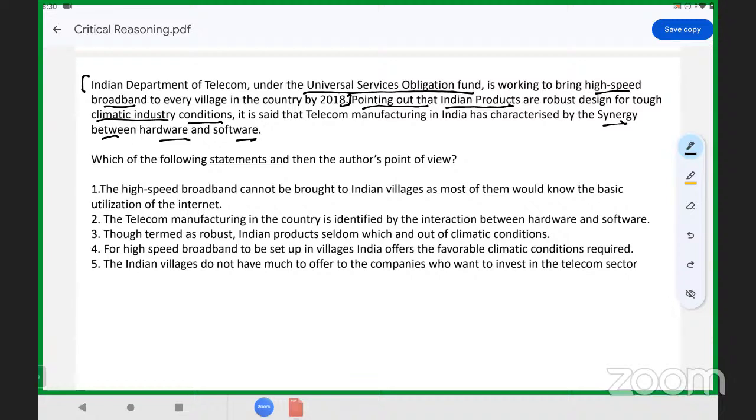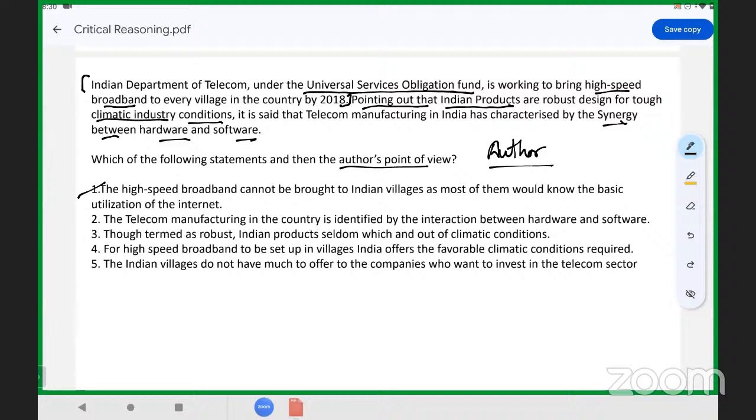Now here we want to understand the author's point. So what is the author exactly trying to indicate? First option, the high-speed broadband cannot be brought to Indian villages as most of them would not know the basic utilization of the internet. So we can directly eliminate this, because what we are trying to explain is the high-speed broadband to every village, then the tough climatic industry conditions, and the telecom manufacturing in India being characterized by the synergy between hardware and software.